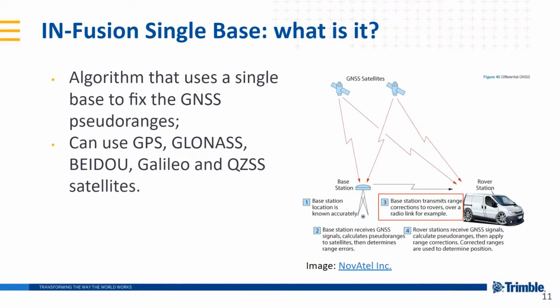After that, the base station will transmit the range corrections to the rover, either in real time or for post-processing, for example in POSPac. The rover station can receive the GNSS signals, calculate the pseudo ranges, and then we apply the range corrections to determine the right position.